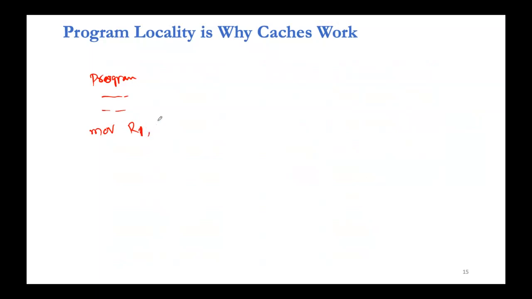One instruction stores the address of A in R1. Then some other instructions. Then another move instruction uses the address of A with the R2 register. So how do caches increase the performance of your CPU?